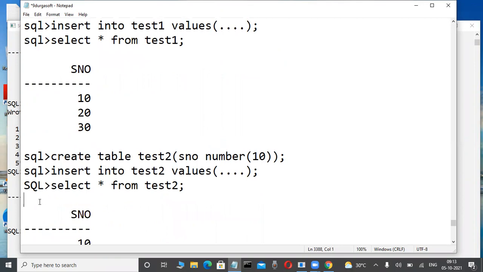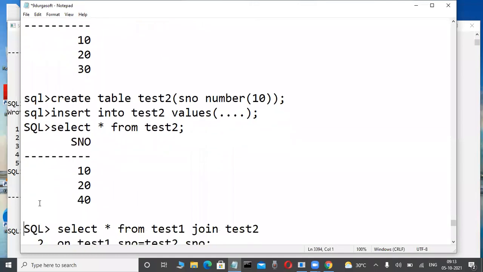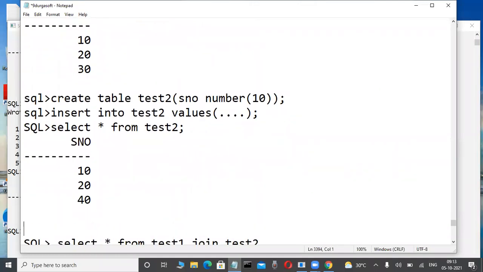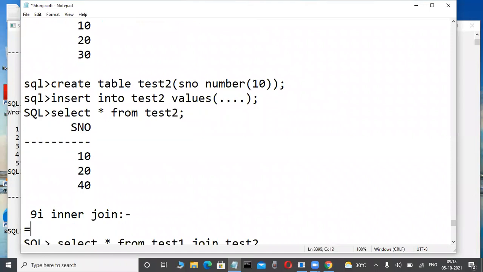Write this data also: 10, 20, 40. Now the first one is inner join. Same column or different column, your own wish.